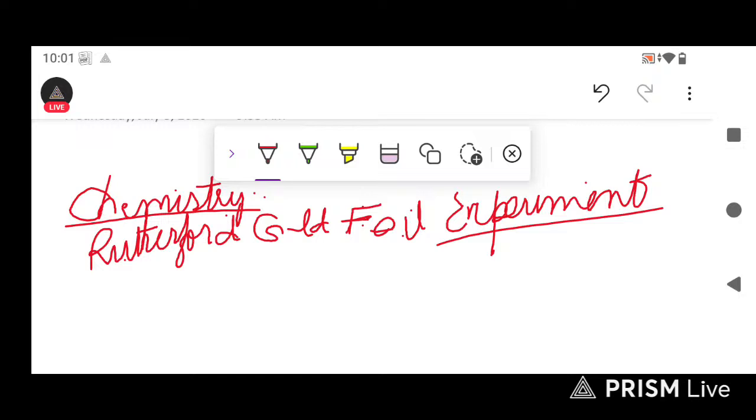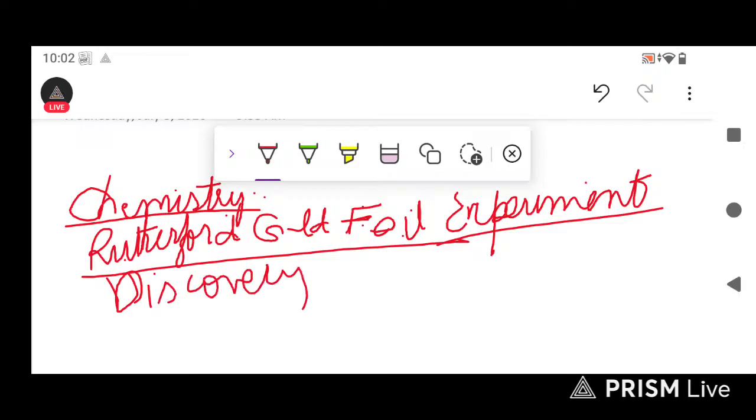First of all, we talk about Rutherford's gold foil experiment. Rutherford basically discovered the nucleus. The discovery of the nucleus was done by Rutherford in 1911.